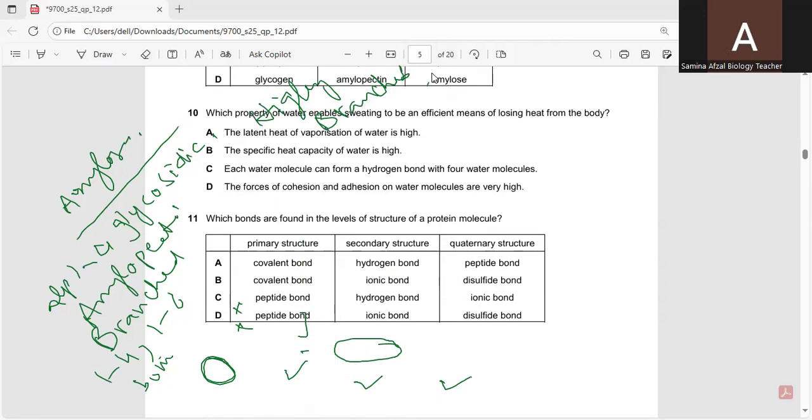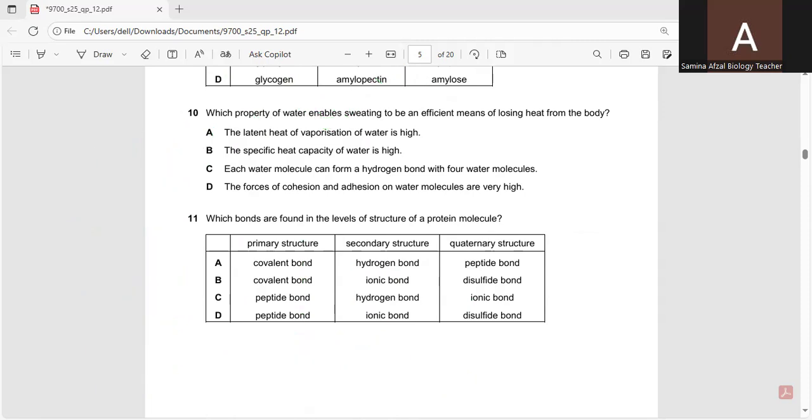Question number 10. Which property of water enables sweating to be an efficient means of losing heat from the body? First of all, you must know what latent heat of vaporization is.